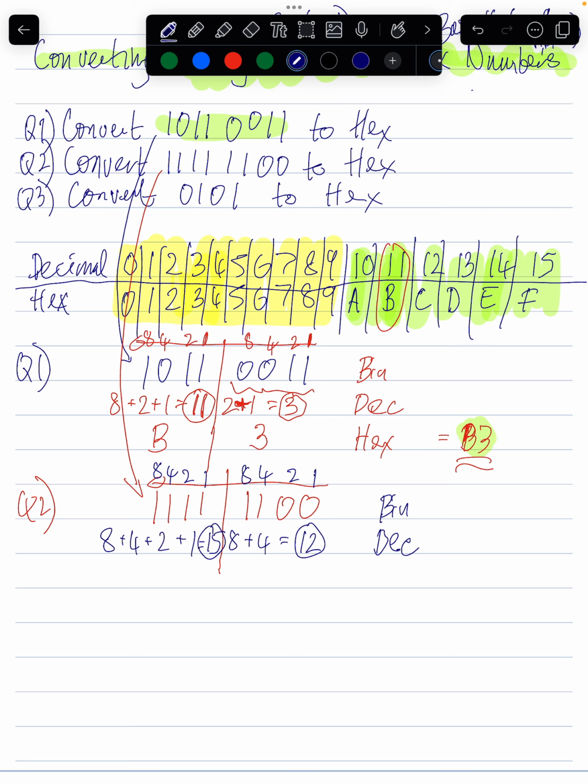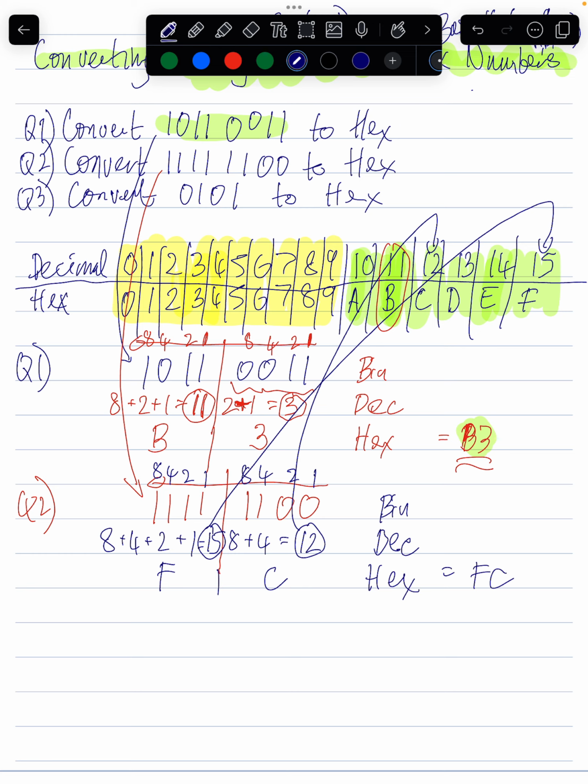Now, 15 in decimal is F in hex, so that's where we get the F from here. And then the 12 in decimal is C. So our answer is FC.